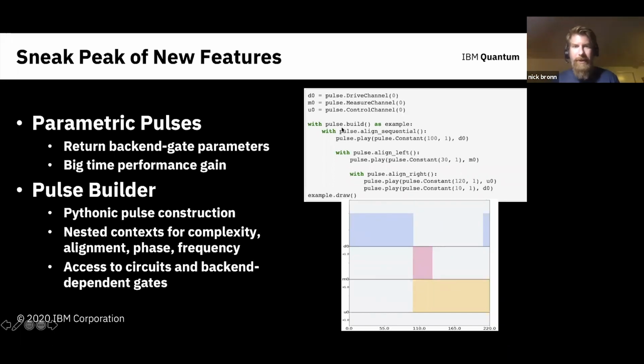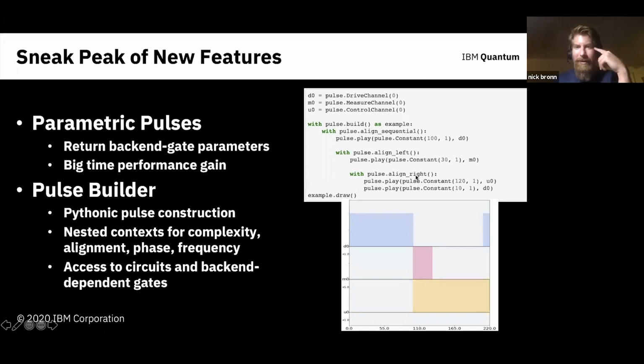And so one of the examples I did here is an alignment where you can have a nested context, such as you want to align the pulses sequentially. So you can do a play pulse on your drive channel, so you get this pulse D0, but then you go into a new context where you're aligning pulses to the left. And so then you do a play pulse on the measurement channel, so you get this pulse, but then you decide you want to align channels to the right.